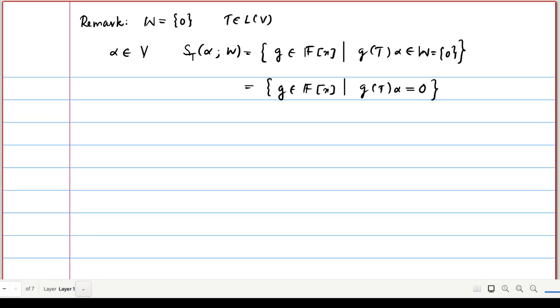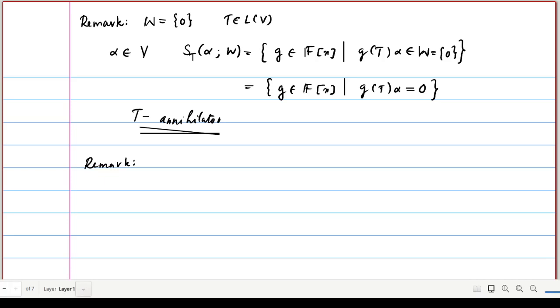In this case, we call this conductor S(T; alpha, W) the T annihilator. So this is a remark, and this is the definition of the T annihilator. The T annihilator collects all g such that g(T)(alpha) equals 0 instead of belonging to W. Since W is the singleton of 0, we call this set the T annihilator of alpha.